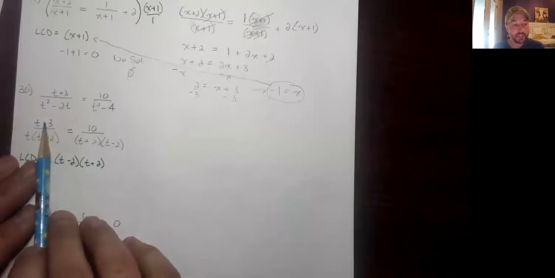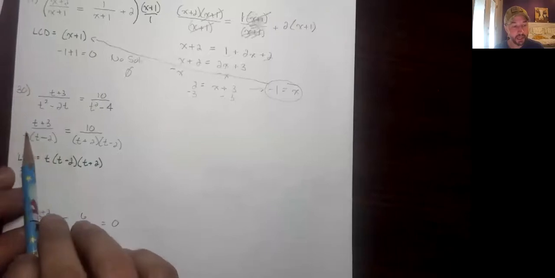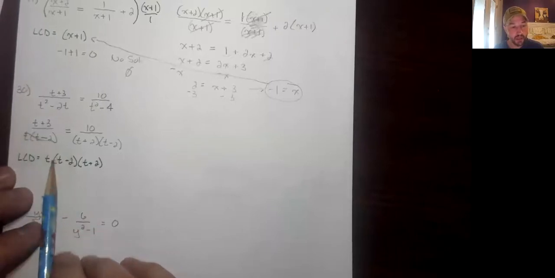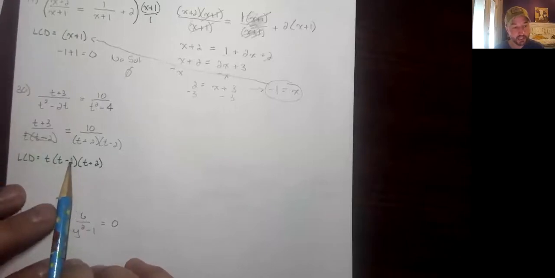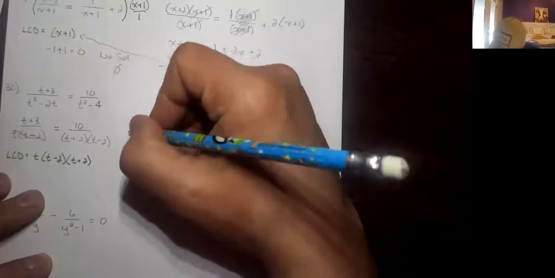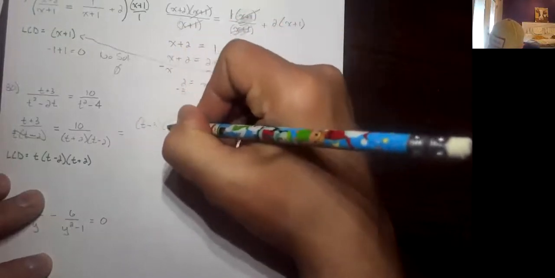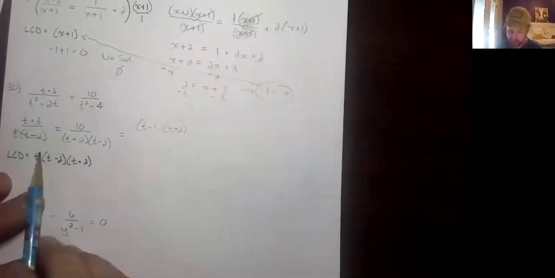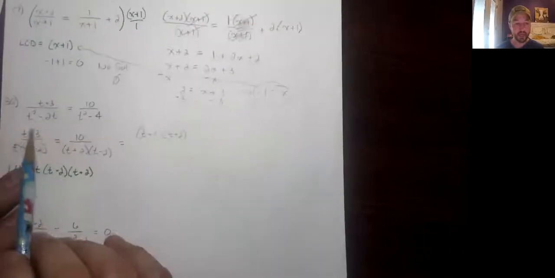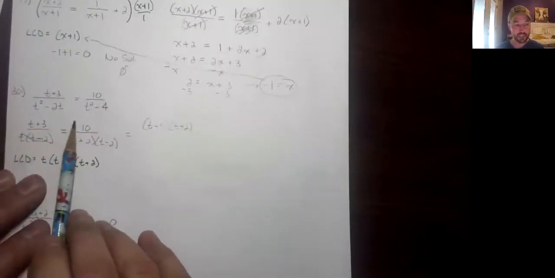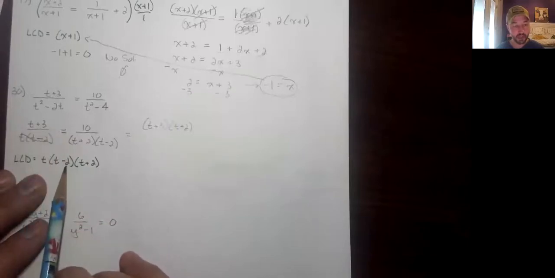This one, I have t plus 3 times my whole LCD, but I already know that that part will cancel out. So what I'm going to have is t plus 2. So I'm going to have my t plus 3 times t plus 2 here. Now I'm not writing the whole thing out like I did up here. When I multiply the whole LCD up top, these two are already incorporated.